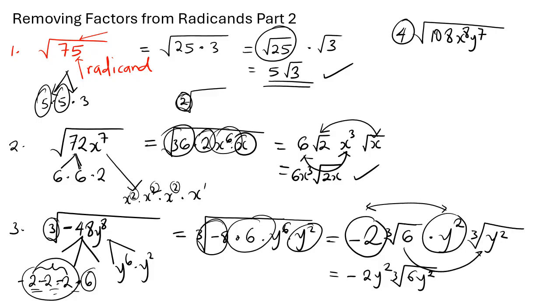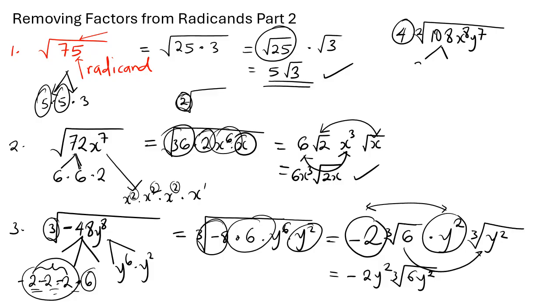So here I'm looking at 108, and I'm looking at what numbers multiply to give 108, and I'm looking at a square root, and I know that a square root has 2 as the nth root. So I'm going to break this 108 down. Let me see what I can do here.